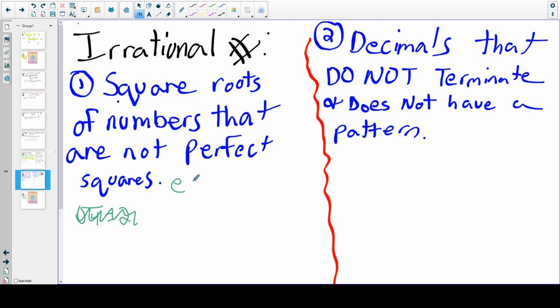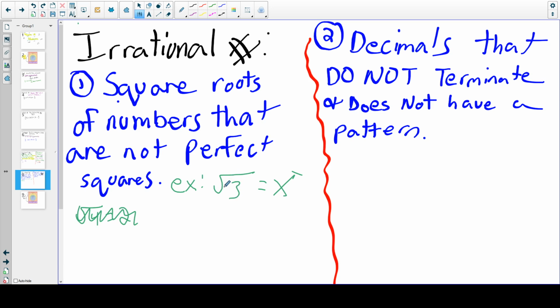However, if I gave you the example of the square root of 3, is 3 a perfect square? Meaning, can you find two numbers that are the same that when you multiply them together get you 3? The answer is no. In fact, if you put this on your calculator, you're going to get something that's going to be over here in just a second.